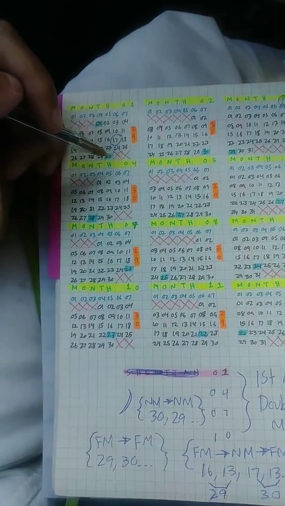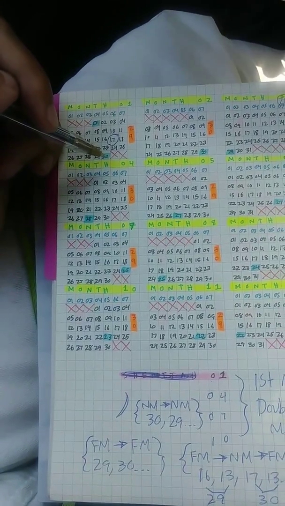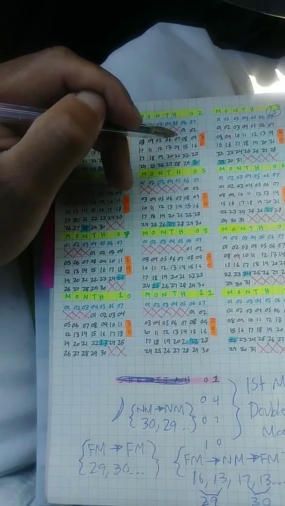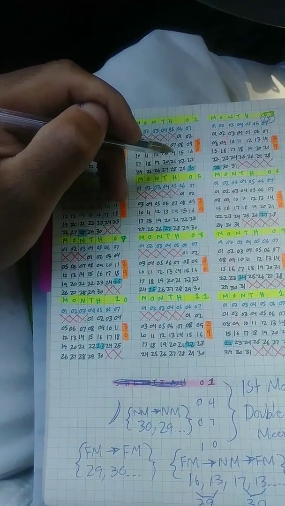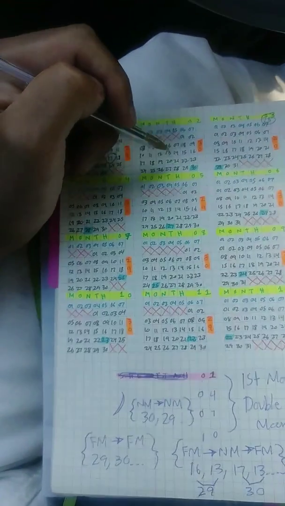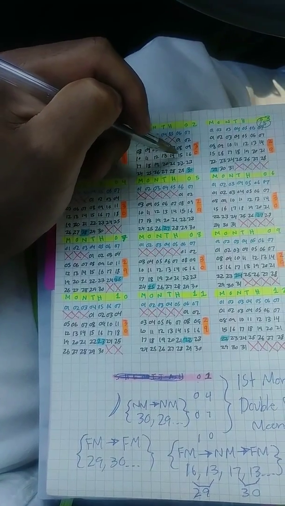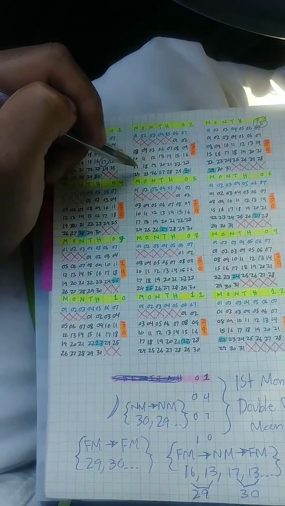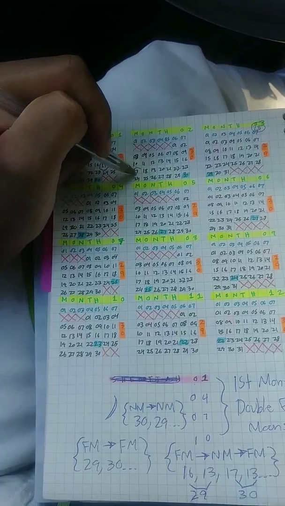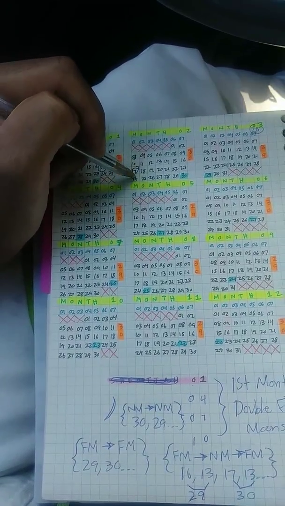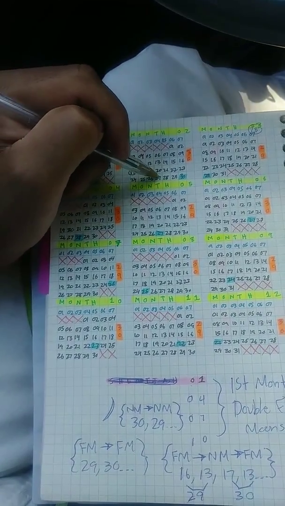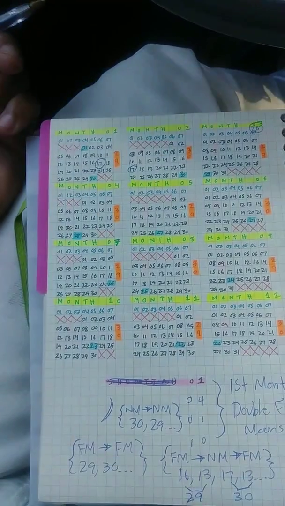So here's where we left off, 5th day of the week. So we go 7, 14, 15, 16, 17, and then 7, 8, 9, 10, 11, 12, 13.